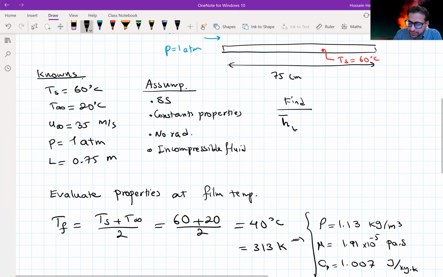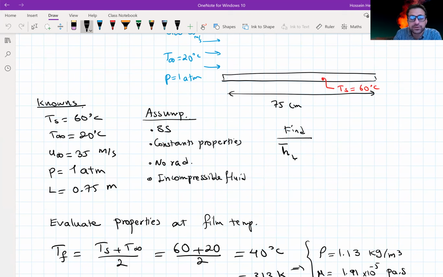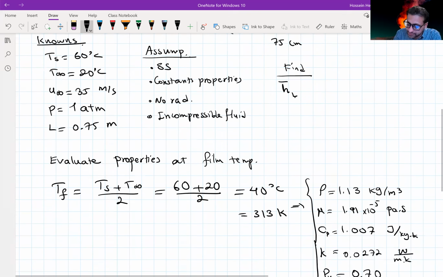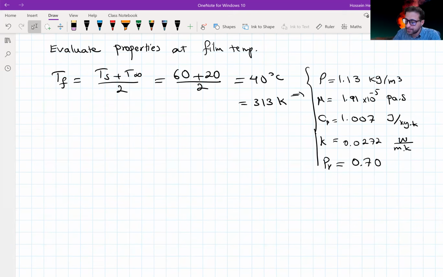Now, the other thing that we need to define for this plate is the flow regime. And remember the equations for the convective transfer, or Nusselt number, the dimensionless form of that, are based on the flow regimes that happen. So to do that, we need to find the flow regime.